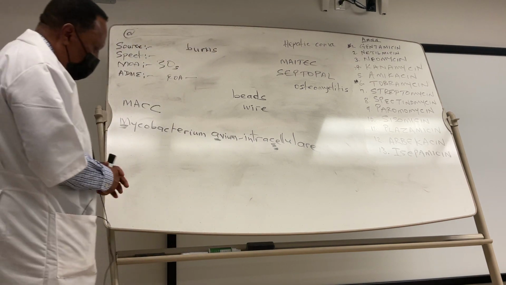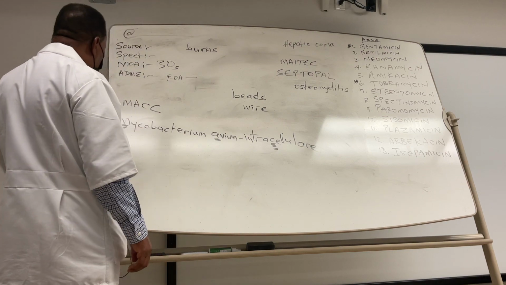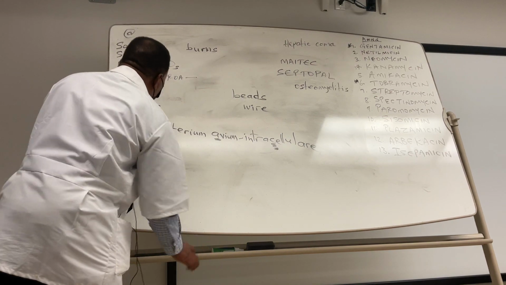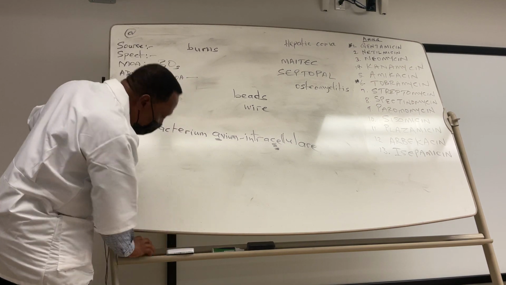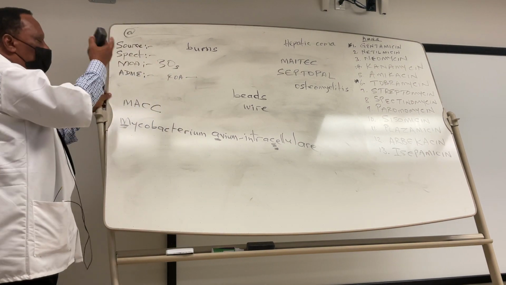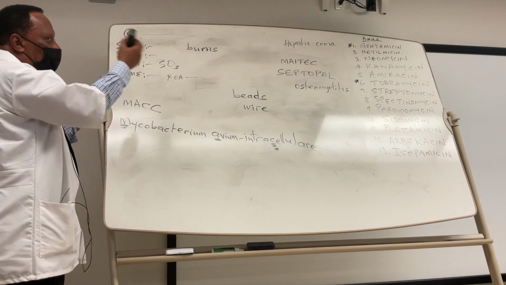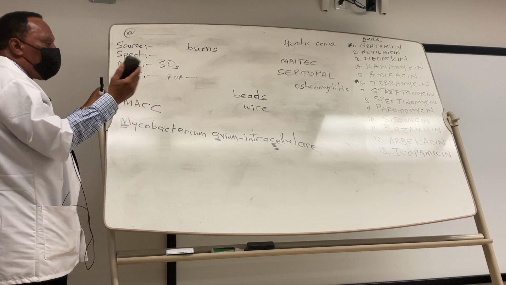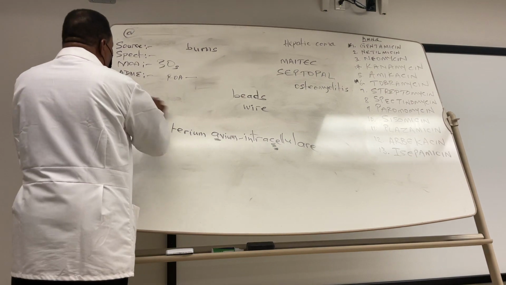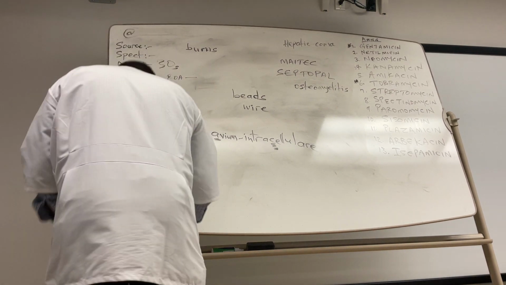So it can be used for those situations when it's administered topically. And you also have eye infections and ear infections that you can use gentamicin for, with the topical formulation of the drug.